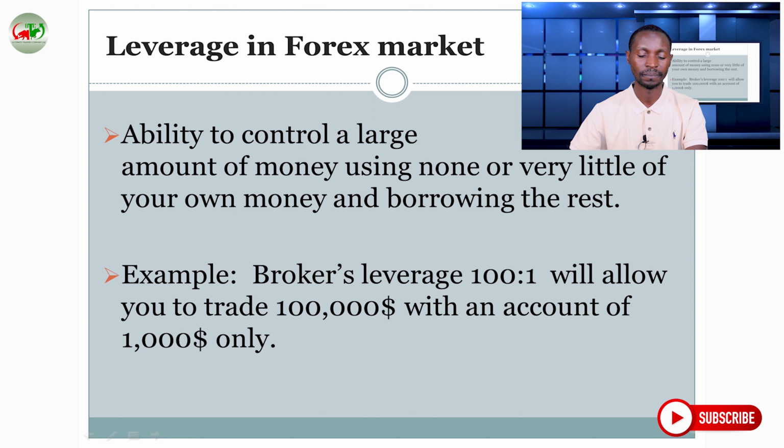Another number which we are going to take care of is what we call margin. To understand it better, let's take an example. If you want to go to a bank to get a loan, the bank will request a certain percentage of the money you want in order to give you the rest. Let's say you want a loan of $10,000.